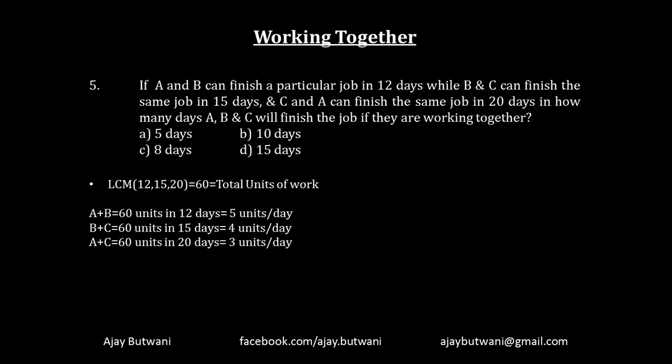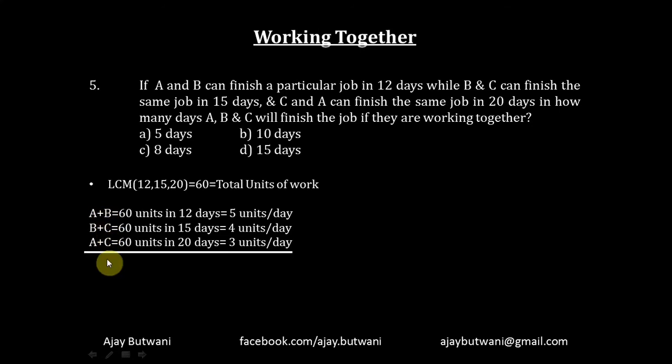Now if you add all these numbers, 5, 4 and 3, are you going to get A plus B plus C? No. If you see this side, I have A 2 times, B 2 times and C 2 times. So this side the addition is going to be twice A, twice B and twice C.